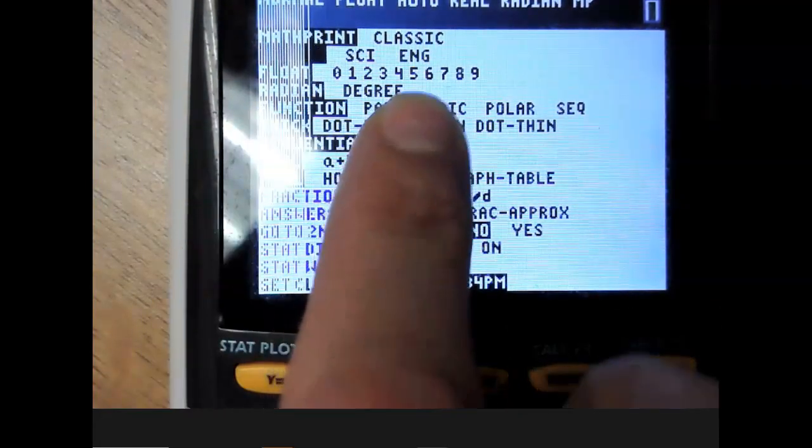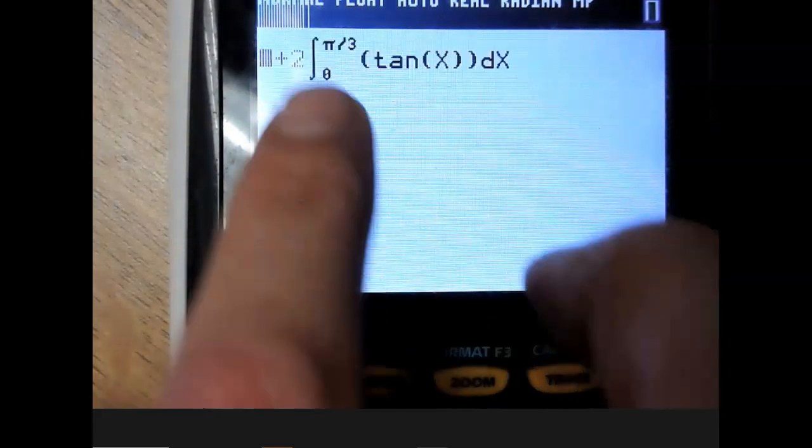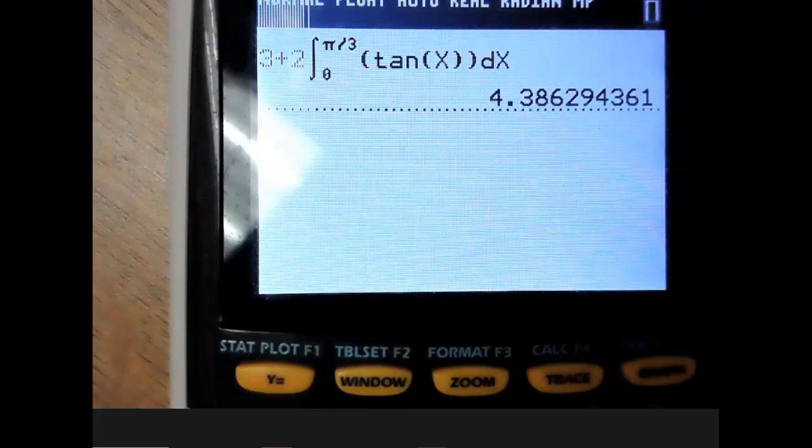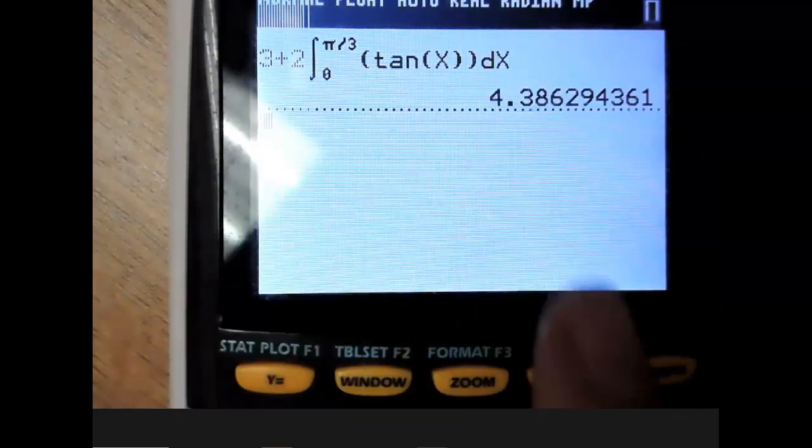If your mode's in degrees and I'm asking you to find an answer with radians, you're going to get the wrong answer. So we should get 4.3862. And again, on the day of the AP exam, I'll remind you to change it to radians.